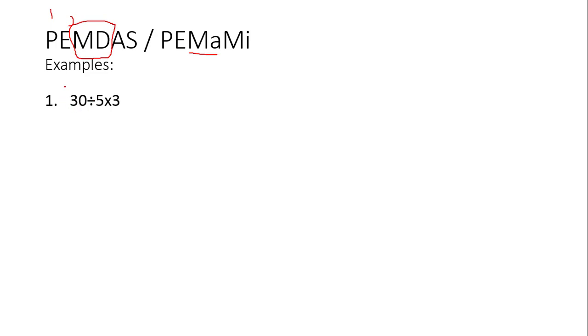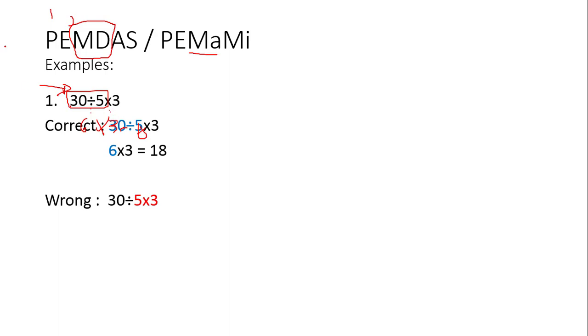Unahin natin since ito lang ang meron tayo, division and multiplication, which both are major operations. So, 30 divided by 5 times 3. From left to right, unahin natin yung 30 divided by 5, we have 6, times 3, we have 18.